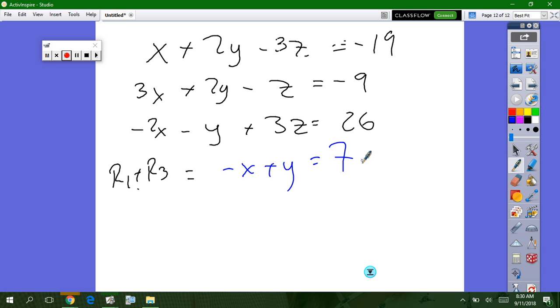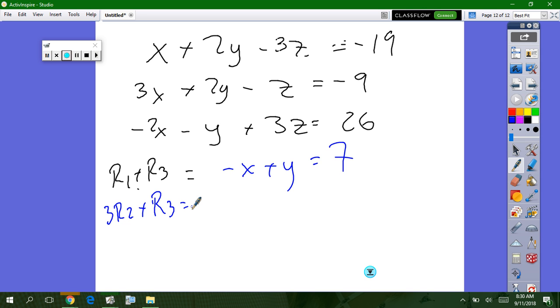Okay, so row 2 with either these guys or this guy. I probably will go 2 and 3 because he's already negative and he's positive. Does everybody understand why I will go with 2 and 3? What do I need to multiply this by, Chloe? So I'm going to go 3 times row 2 and add that to row 3.